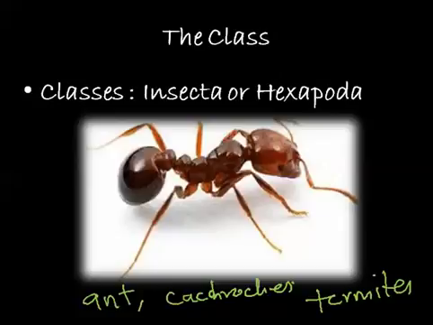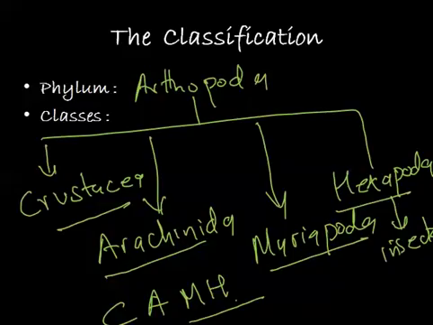So we have seen the characteristics of the phylum Arthropoda, the various classes under which these insects come, and the examples of the various classes. Just briefing up, under the classification of invertebrates, we have Arthropoda, and the phylum is divided into four classes: Crustacea, Arachnida, Myriapoda, and Hexapoda, CAMH.